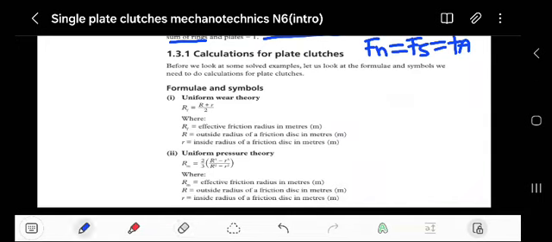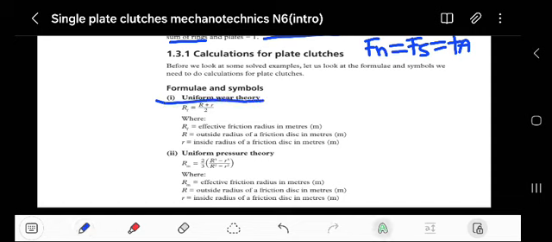Now, formula 1.1.3, calculation for plate clutch. Before we look at some solved examples, let us look at the formulas and symbols we need to do calculations for the plate clutch. As you can see, uniform wear.